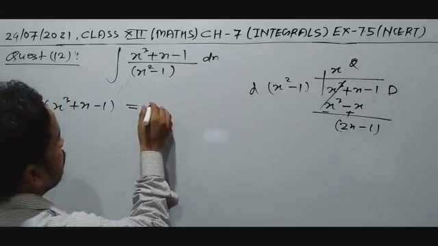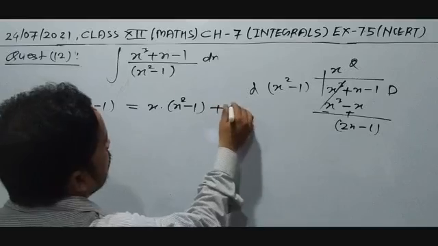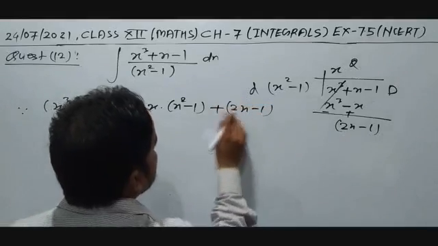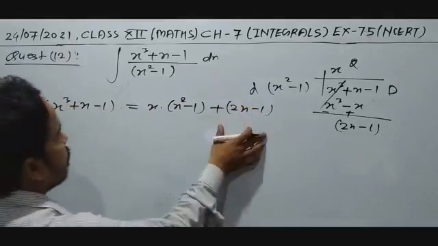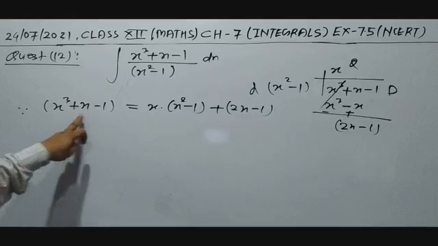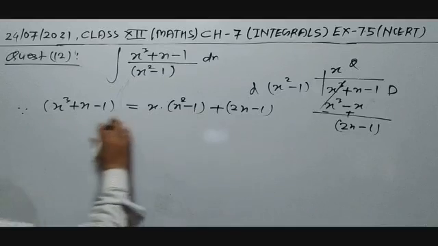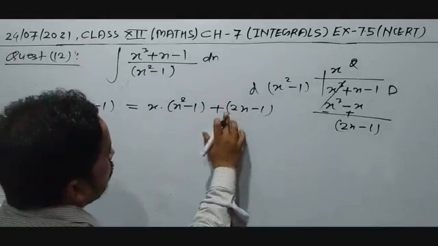Dividend can be written as divisor into quotient plus remainder. After calculation you will get the same result, x cube plus x minus 1. So we have split the numerator into divisor into quotient plus remainder.